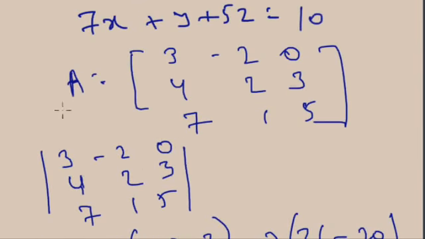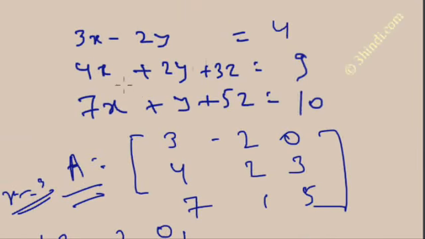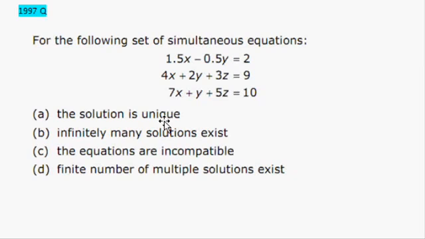So rank is 3. If rank is 3, then the equation will have a unique solution. So for this 1997 question, the solution is unique because the rank of matrix A is 3.